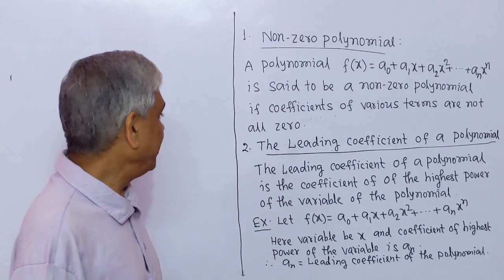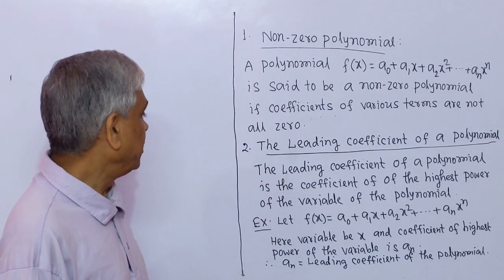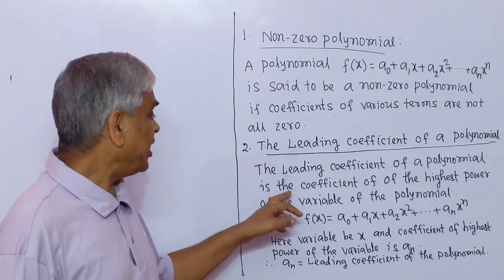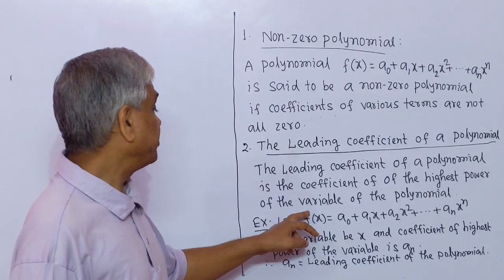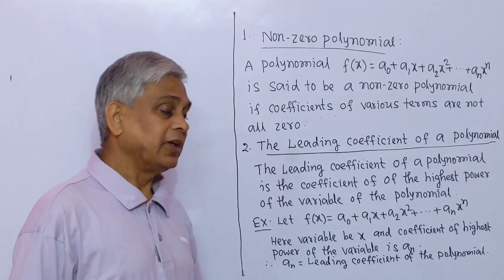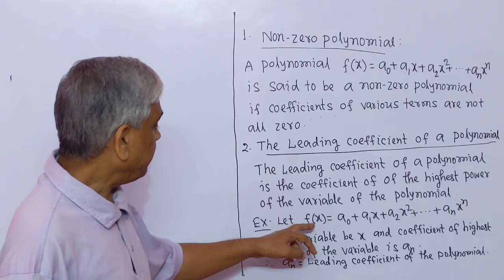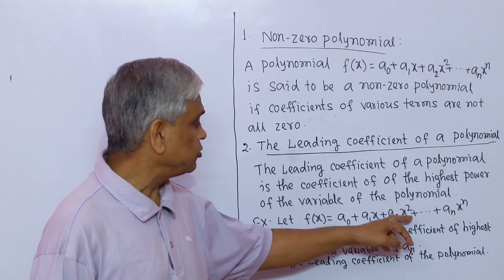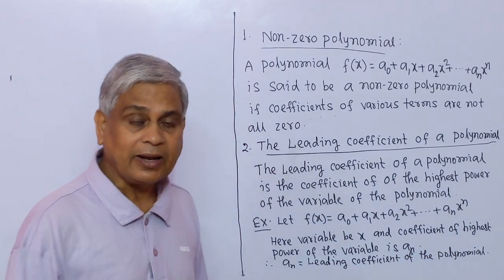Now we define the leading coefficient of a polynomial. The leading coefficient of a polynomial is the coefficient of the highest power of the variable of the polynomial. For example, here we have a polynomial f(x) equal to a0 plus a1 x plus a2 x square plus ... plus an x to the power n.